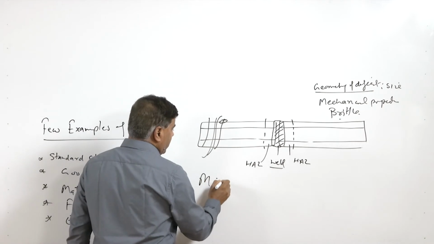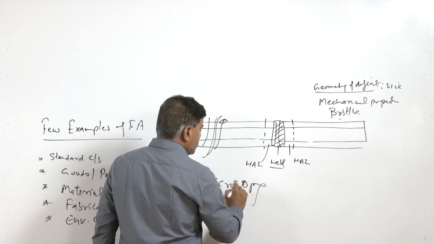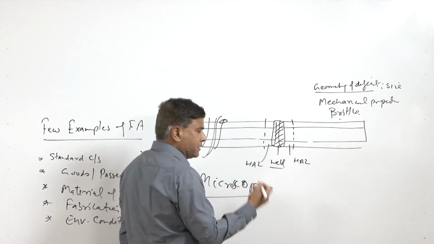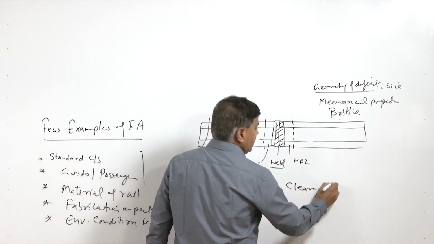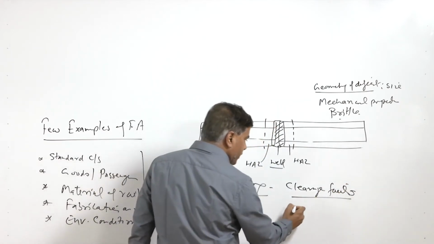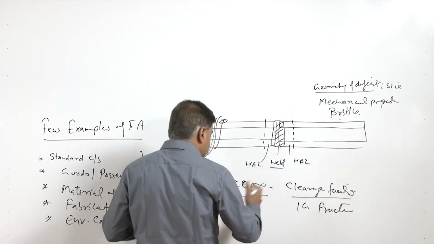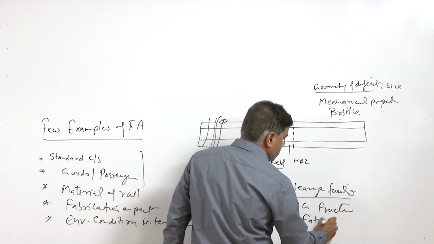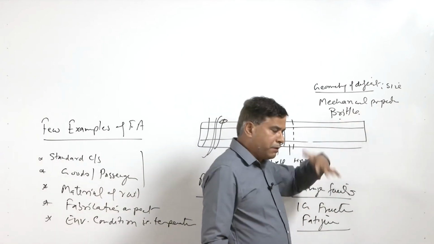Later on we can do the microscopy of the fracture surface. Microscopy of the fracture surface may indicate various types of features, since it is a brittle fracture. Say it may show cleavage facets, or it may show intergranular fracture also, or since it is a catastrophic failure, it may be a fatigue fracture also. If there are striations present, that will indicate the possibility of fracture by fatigue.